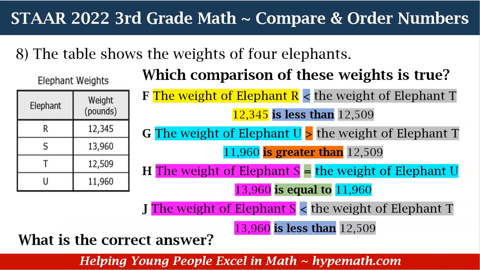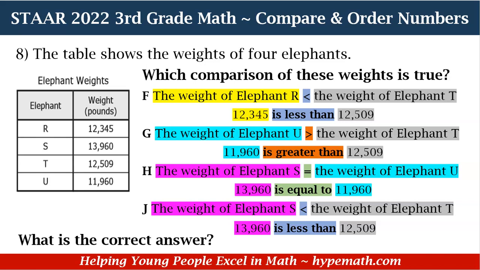So what is the correct answer? Let's look through our answer choices again. Is 12,345 less than 12,509? Is that true or false? For G, 11,960 is greater than 12,509. Is that true or false?